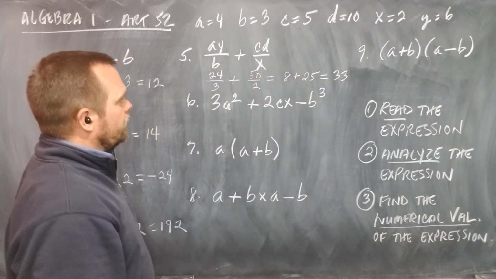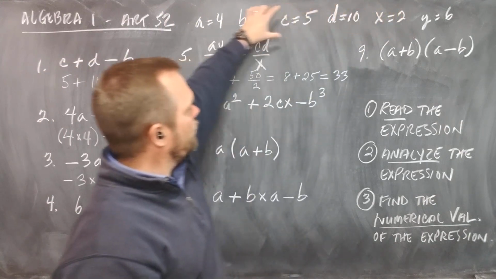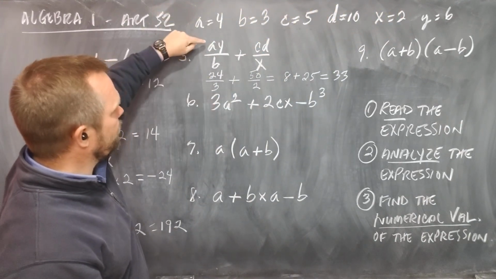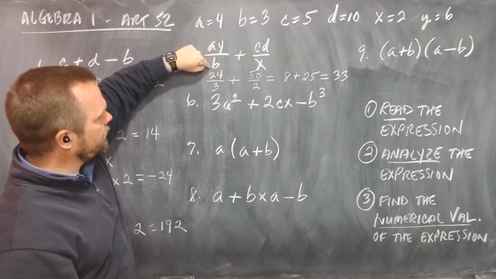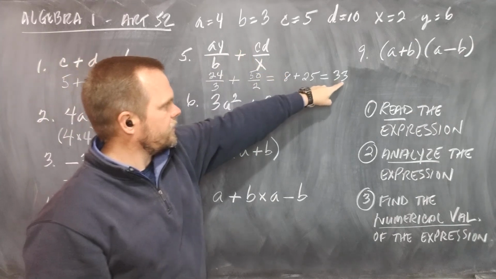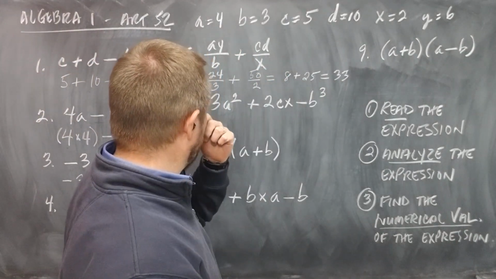So the numerical value, given these values of the literal factors, of ay over b plus cd over x is 33. That's the answer to number 5.